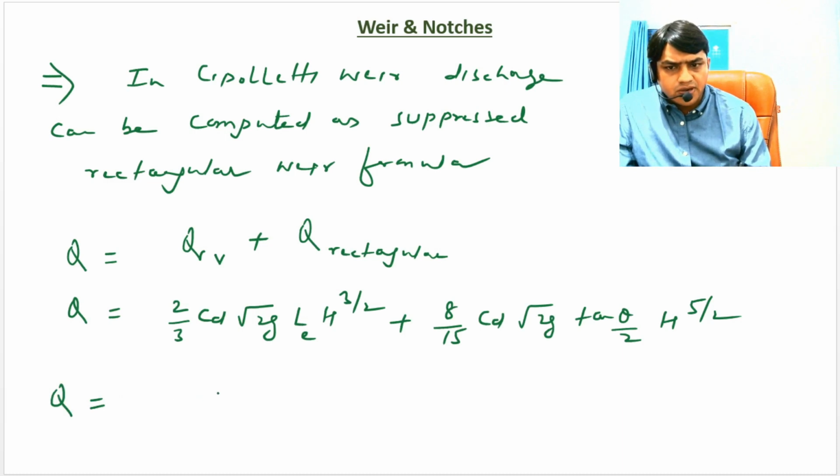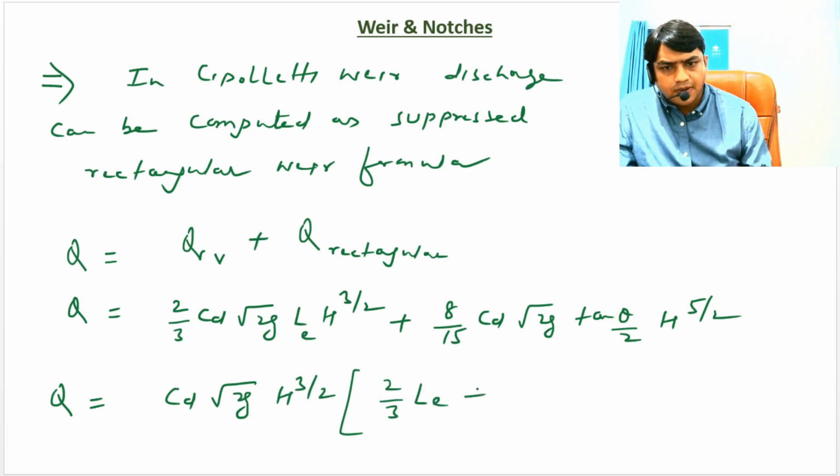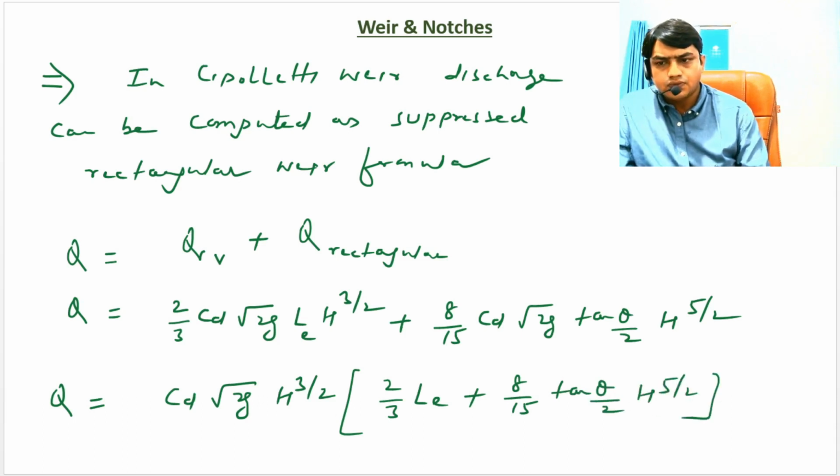So if I take common CD root under 2G into H to the power 3 by 2, it can be written as 2/3 of LE plus 8 by 15 into tan theta by 2 into H to the power 5 by 2.